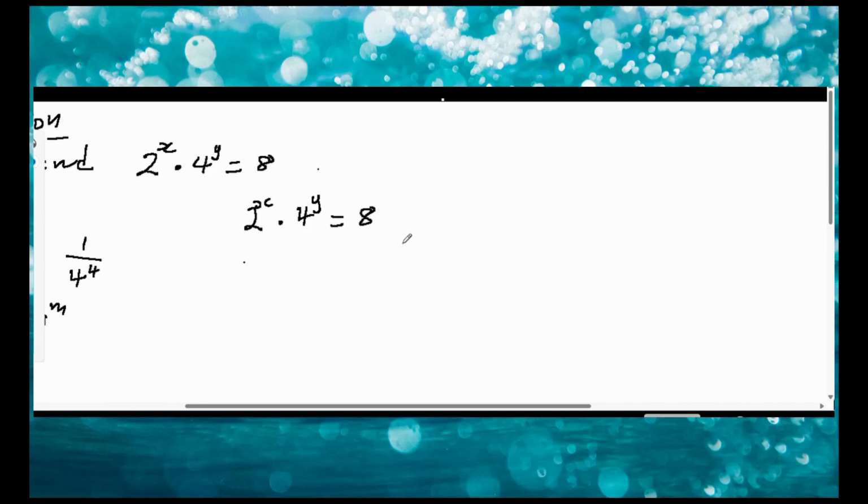So this could be rewritten as 2 raised to the power x times 2 raised to the power 2y equal to 2 raised to the power 3.